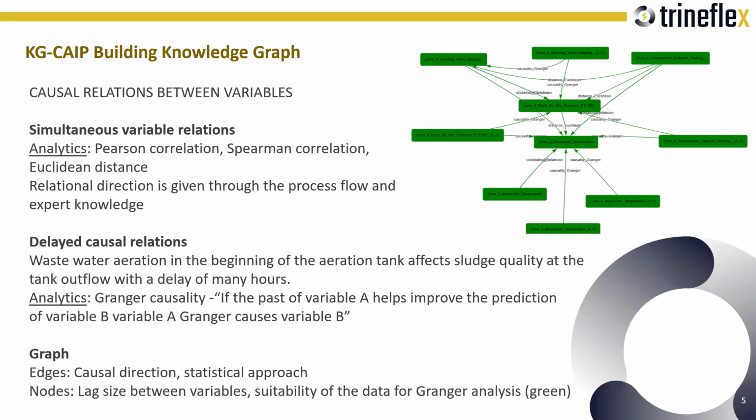The nodes give us information about the variables themselves, their lag size in affecting other variables, and the suitability of the data for Granger causality. Here, all nodes are green, which says that the data satisfy the assumptions for Granger causality. Red nodes would indicate that these edges might not be as trustworthy as they could be.